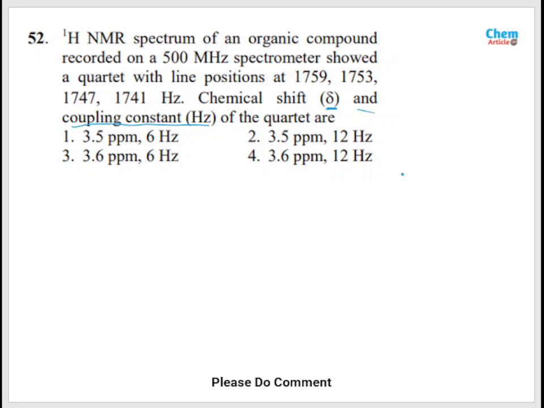Coupling constant, that is J value, in Hz.